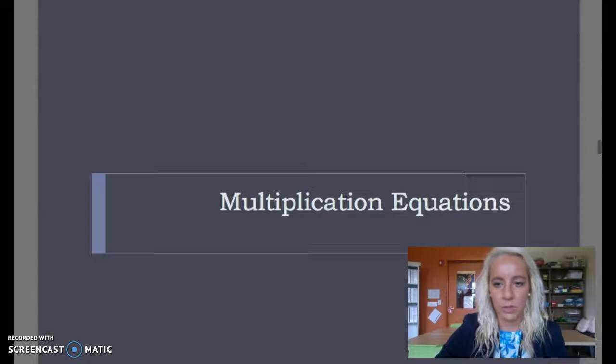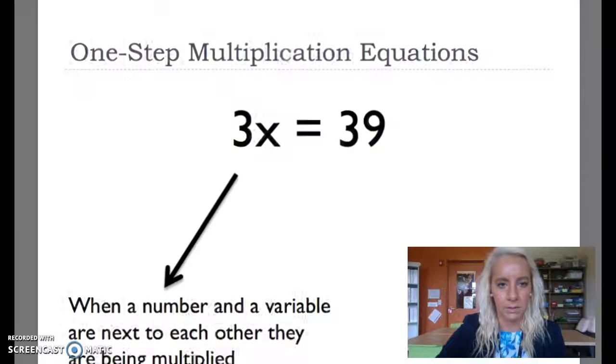Now let's move on to multiplication equations. You know it's a multiplication equation when a number and a variable are next to each other. They're being multiplied. So 3x means 3 times some number is equal to 39. So the inverse operation of multiplication is division.